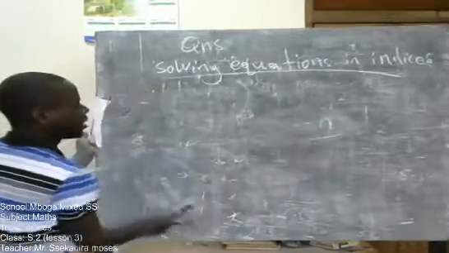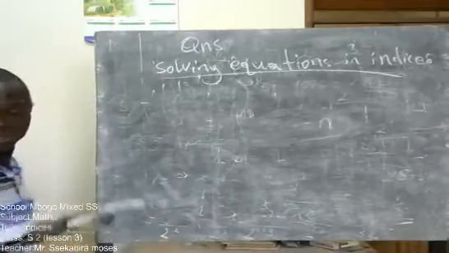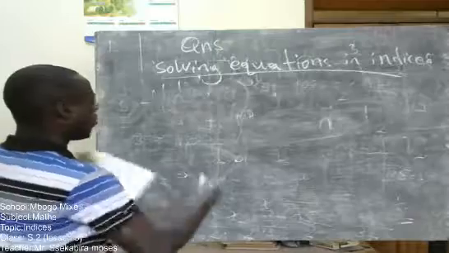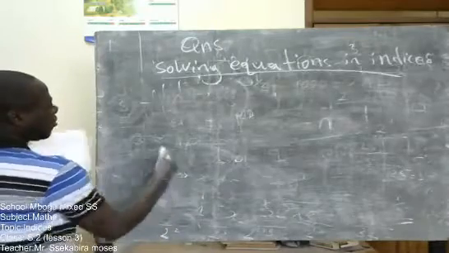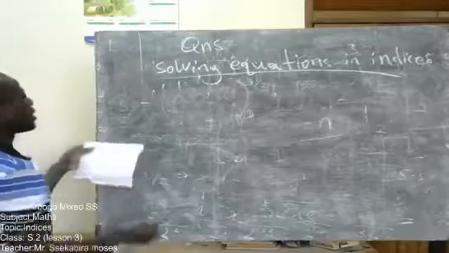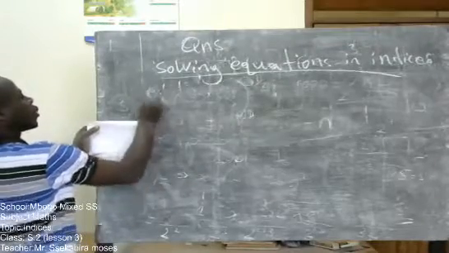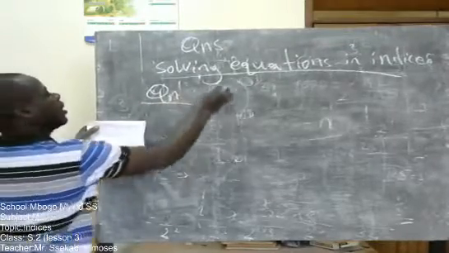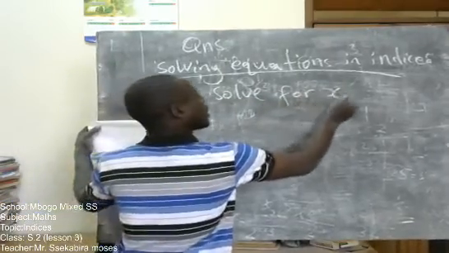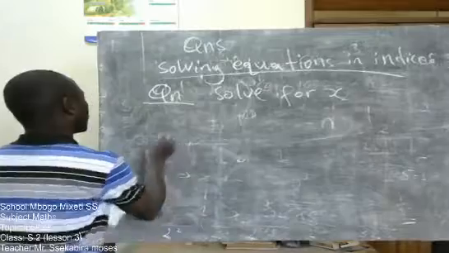We can also try out questions now. We have noted that wherever you find an equation involving indices, you make sure that the base on one side is equal to the base on the other side. Questions: solve for x.